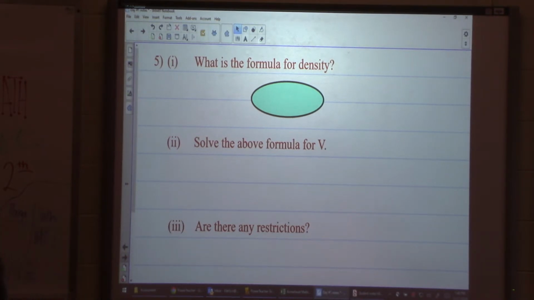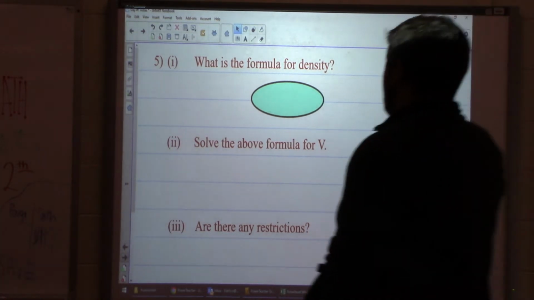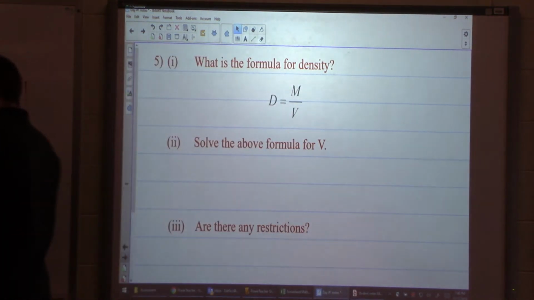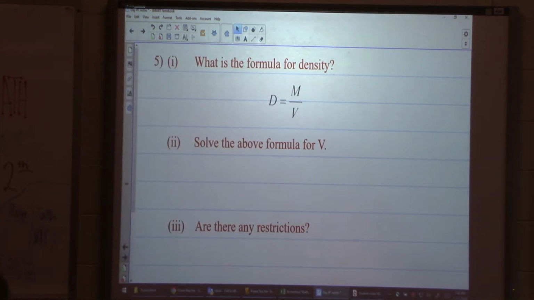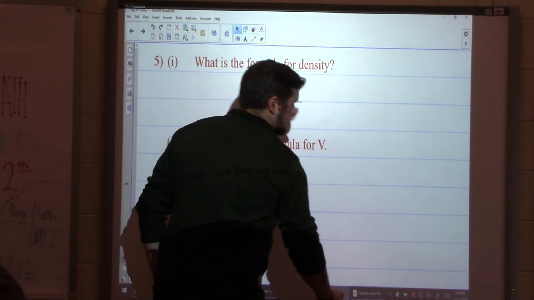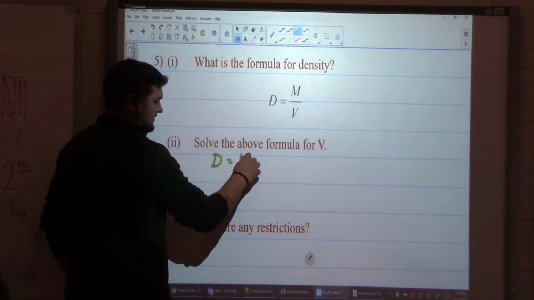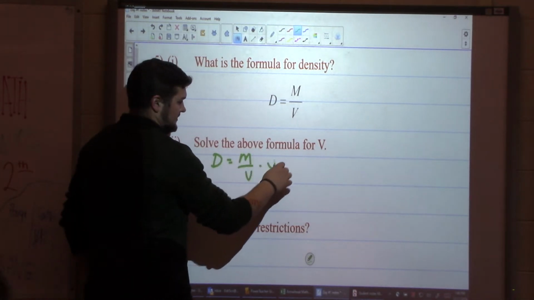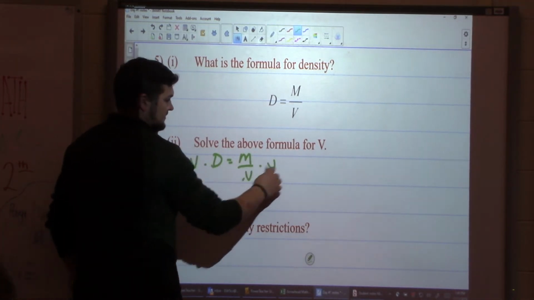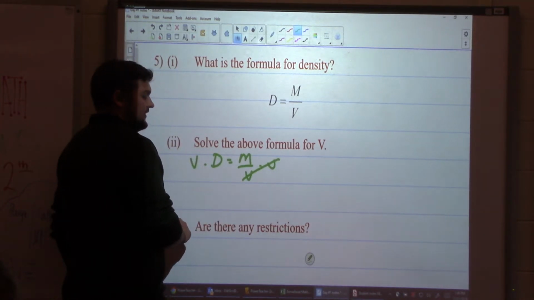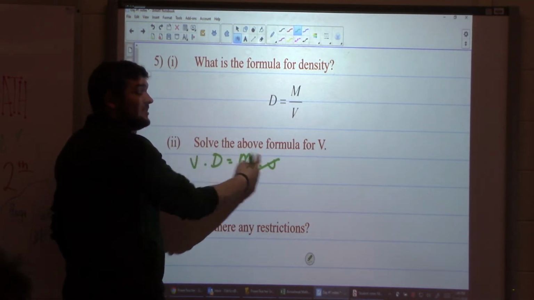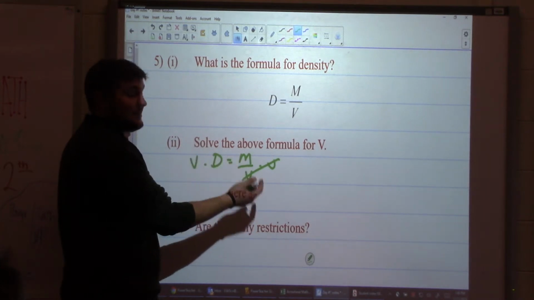Density equals mass divided by volume. I want to solve for volume. Multiply volume to both sides, so then you get d times v equals m, and then divide by d on both sides, so you get v equals m divided by d. Perfect. So we multiply by the volume on both sides so we get it out of the denominator.